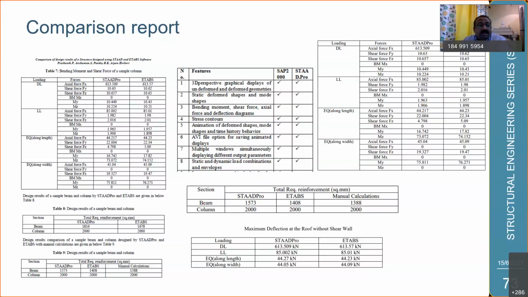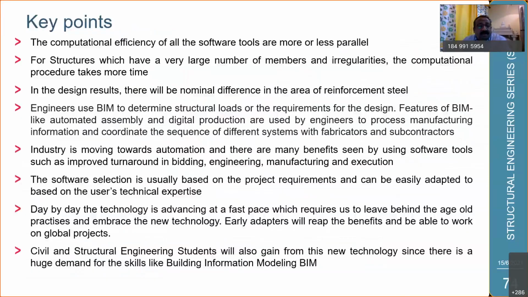That is something possible. And this is my last slide on the key points, where the computational efficiency of all the software tools is more or less parallel. That means the same. And for structures which have a very large number of members and irregularities, the computational procedure takes more time, and again it depends on the hardware.